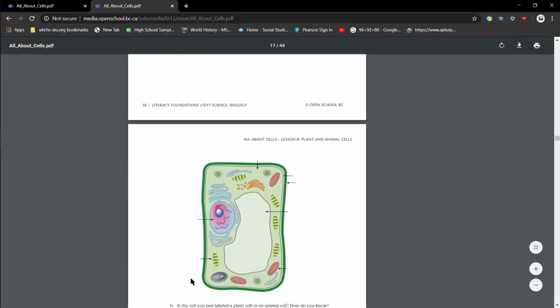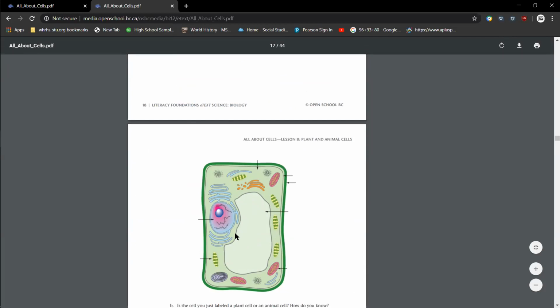So this is an example of a plant cell, and the way you can tell is because of the giant vacuole in the middle here. So for that reason, it's a plant cell. Animal cells would not have that. Then remember, you can look for other organelles that plant cells have. For example, this is a chloroplast. You can tell because it's green. You can see how it's kind of striated with all these lines.